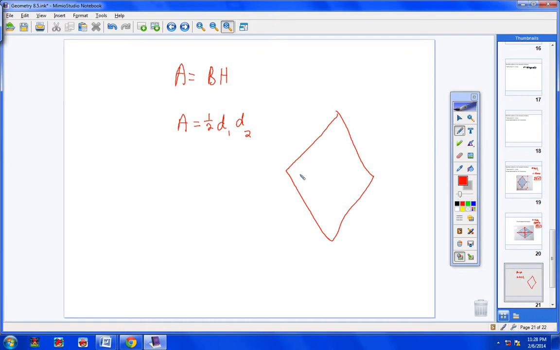If you were to take your rhombus and draw an imaginary line here, your diagonal, and then the other diagonal here, how would you find the area of this triangle here?